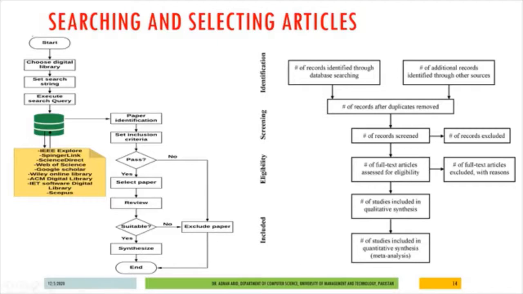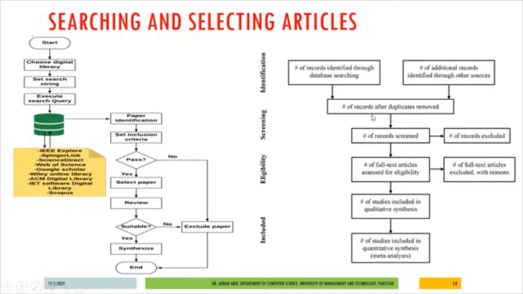Otherwise, at this stage we can again exclude the articles after a detailed review, because the previous stages were a high level understanding or quick review of the article, not a detailed review. So this is how we select the articles. This portion can also be divided into four parts, as we can see from the diagram on the right: identification, screening, eligibility, and inclusion of the article.